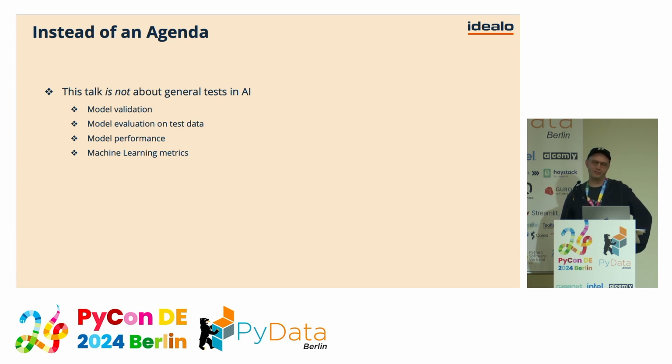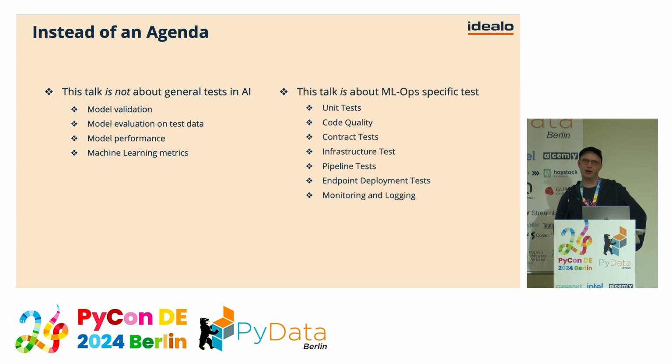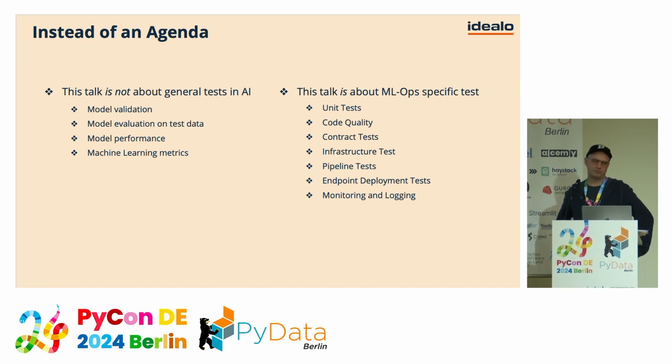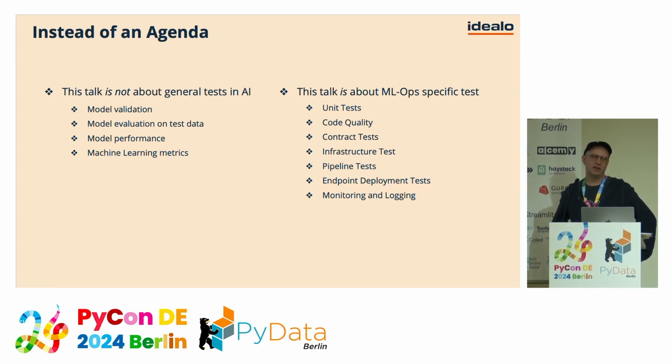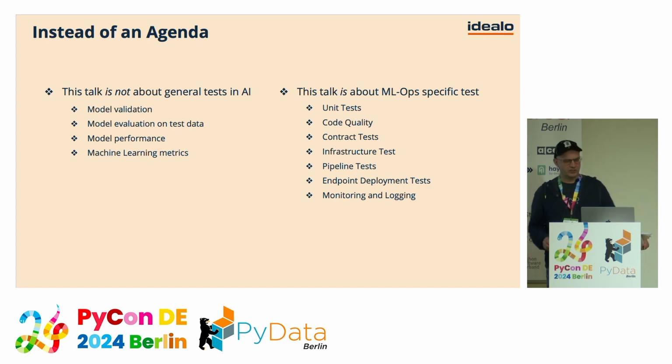So if you're very, very disappointed now, we can make you an offer. Stay here and listen to our talk, because we got plenty of nice other topics. You have the chance to listen to our perspective on machine learning ops specific tests. This means we give you a brief overview of how tests help us in our daily work.